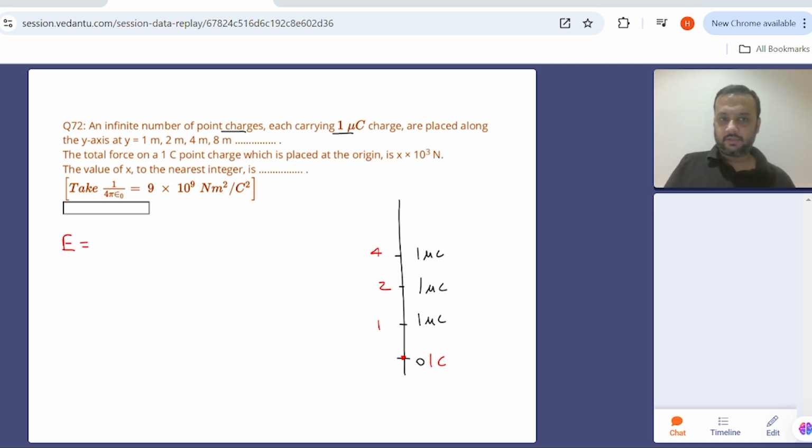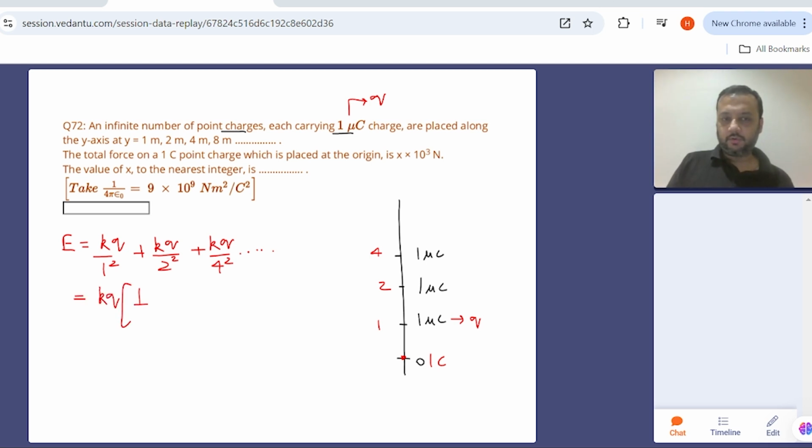Now, fairly simple question. Net electric field due to all these charges will be, let's call this value Q for the time being. So 1 microcoulomb is Q, which I'll put in later. So for the first charge, it will be KQ by 1 square. For the second charge, it will be KQ by 2 square. Then it will be KQ by 4 square, and so on and so forth.